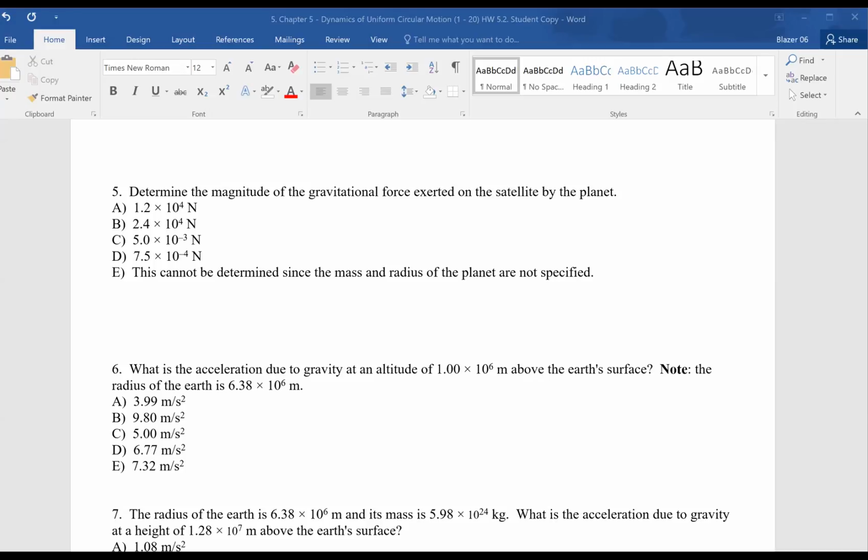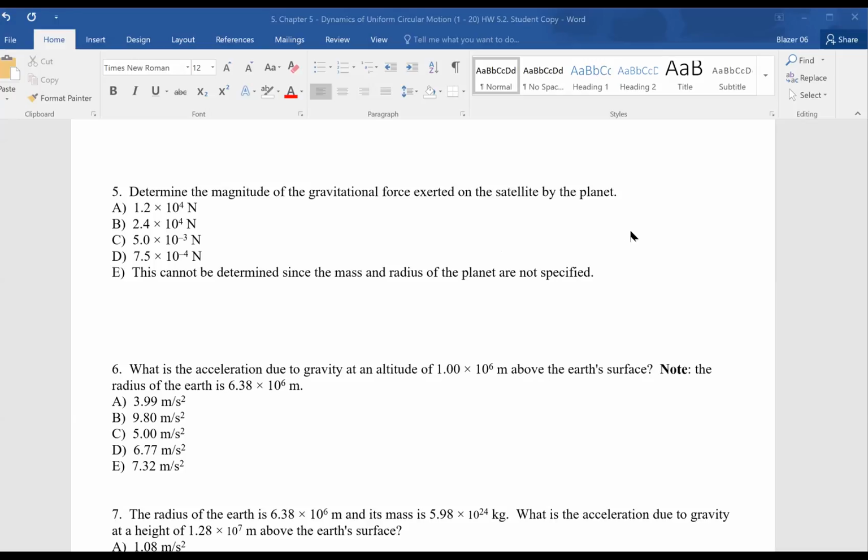Okay, someone said, find the gravitational force first. Okay, so now let's just see what would happen if we do that.